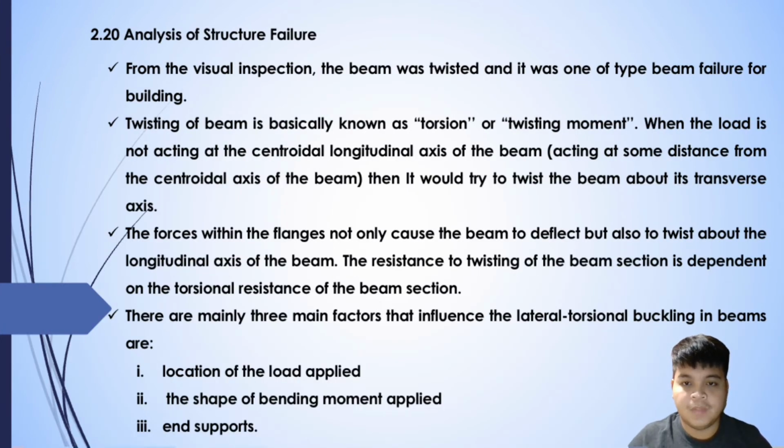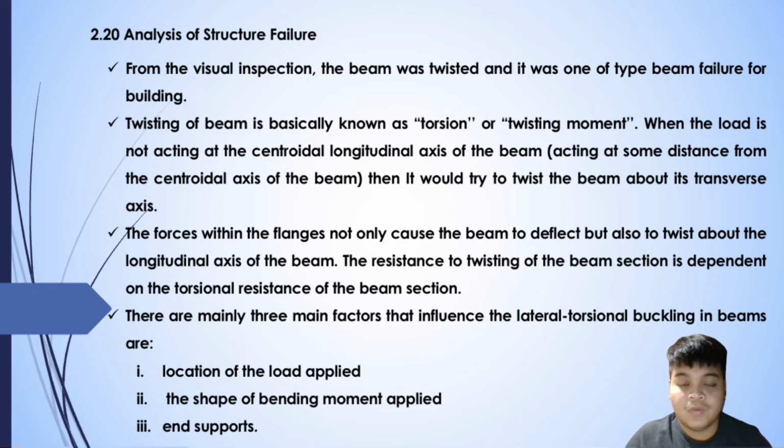From the visual inspection, the beam was twisted, which is one type of beam failure in buildings. The twisted beam is basically known as torsion or twisting moment. It happens when the load does not act at the central longitudinal axis of the beam, so it tries to twist the beam about its transverse axis.